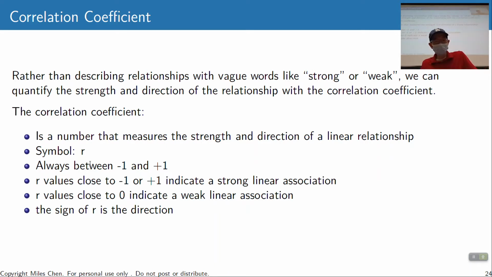It's always between -1 and +1, and it tells you the strength and the direction. The sign of R is the direction: if R is positive, the direction is positive. If R is negative, the direction is negative. And if R is 0, it is neither positive nor negative. Values that are close to 1 or close to -1 indicate a strong linear relationship. Values that are close to 0 indicate a weak linear relationship.